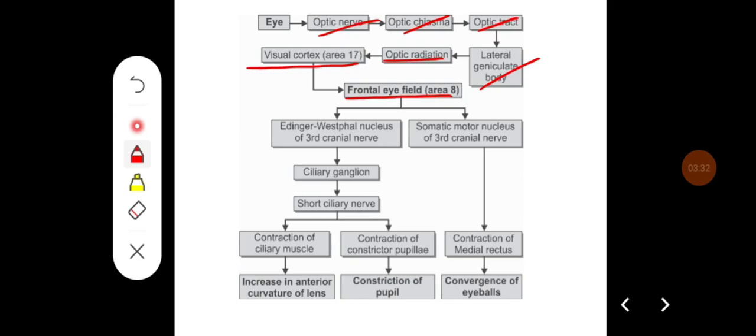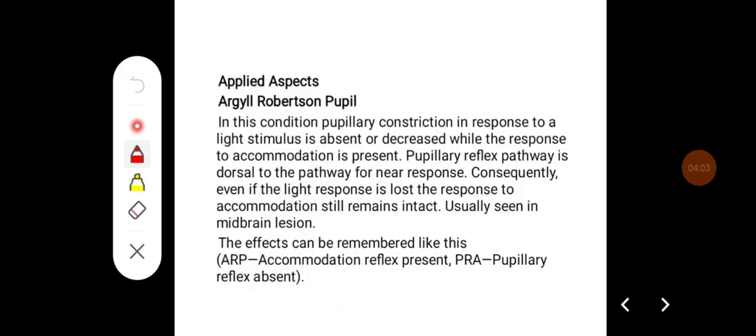From there it goes to the Edinger Westphal nucleus of the third cranial nerve, and through the ciliary ganglion, through short ciliary nerves, it leads to contraction of the ciliary muscle and increase in the anterior curvature of the lens, and similarly contraction of the constrictor pupillae, leading to constriction of the pupil. And at the same time, there will be stimulation of the somatic motor nucleus of the third cranial nerve, which causes the contraction of the medial rectus, which leads to convergence of the eyeball.